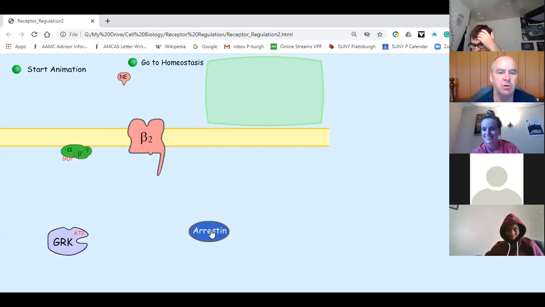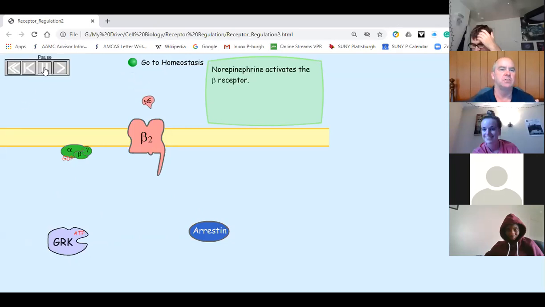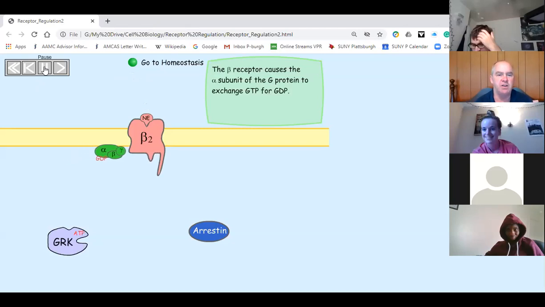And then here's some other proteins that are not that important to you either. Arrestin, which is going to be part of the mechanism. And here's our kinase that's going to be activated. All right, so here's how this works. The neurotransmitter binds to the receptor, changes its conformation, and in that new conformation, it then activates the G protein.